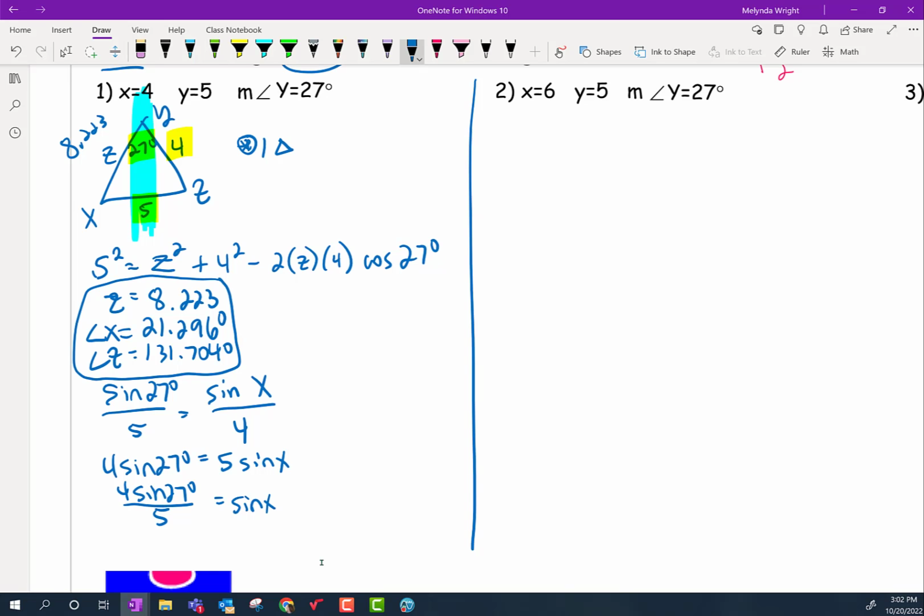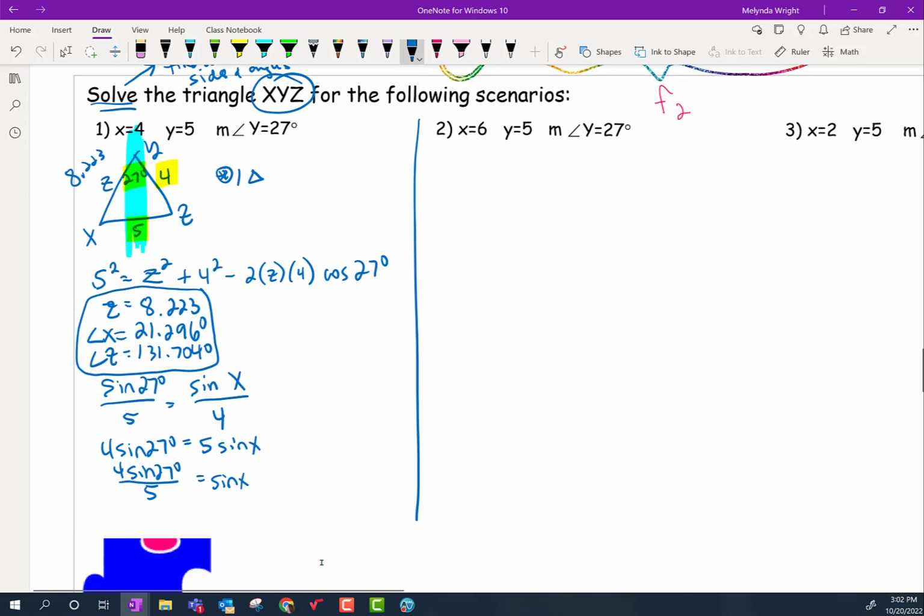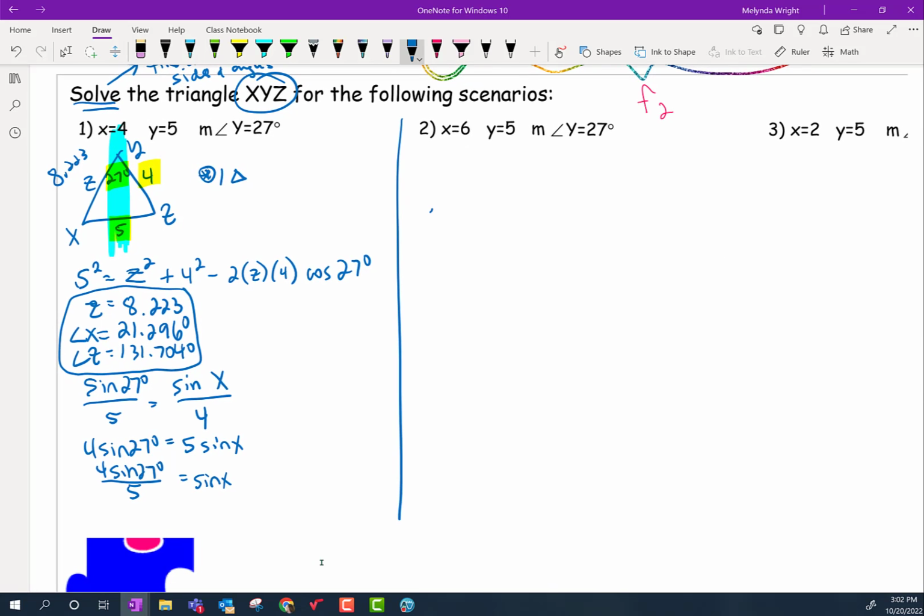Okay, let's set up our next one. So we'll draw our triangle. So we've got X, Y, and Z. Side x is 6, side y is 5, and measure of angle y is 27 degrees. Okay. All right, so this right here is our anchor.